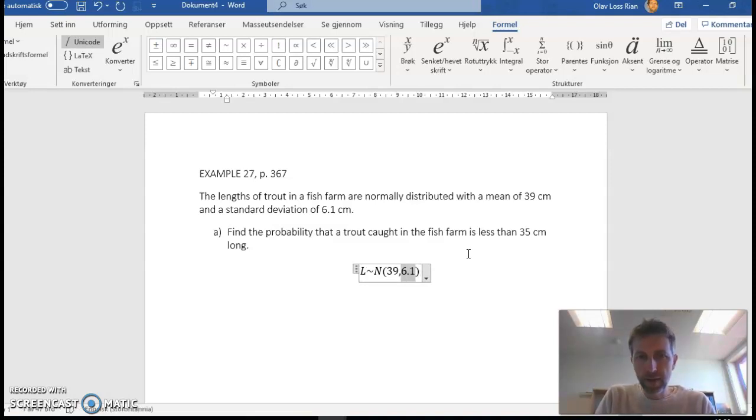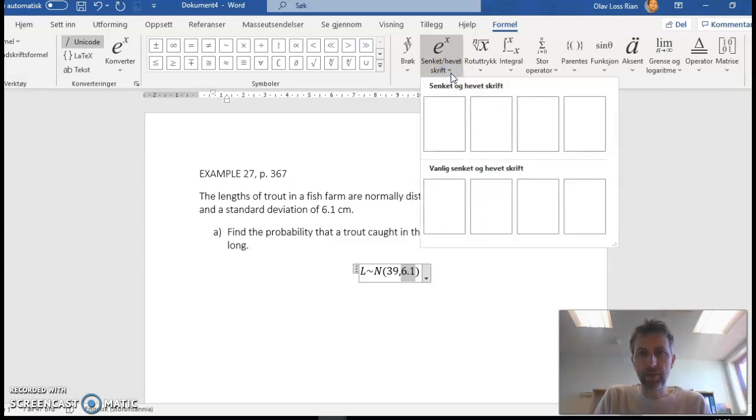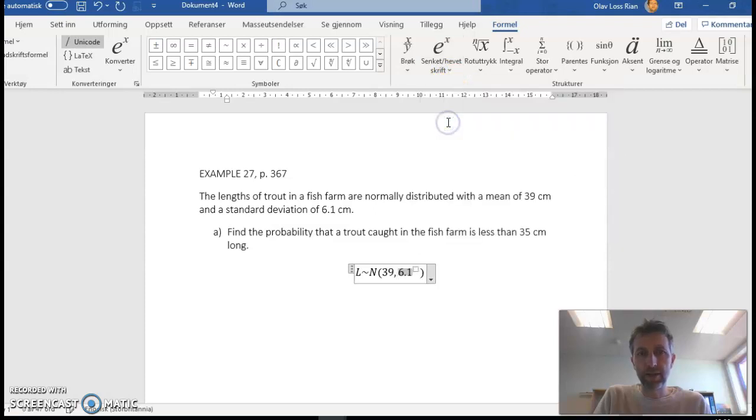And since the variance is the second parameter, we square the standard deviation. So variance is standard deviation squared.